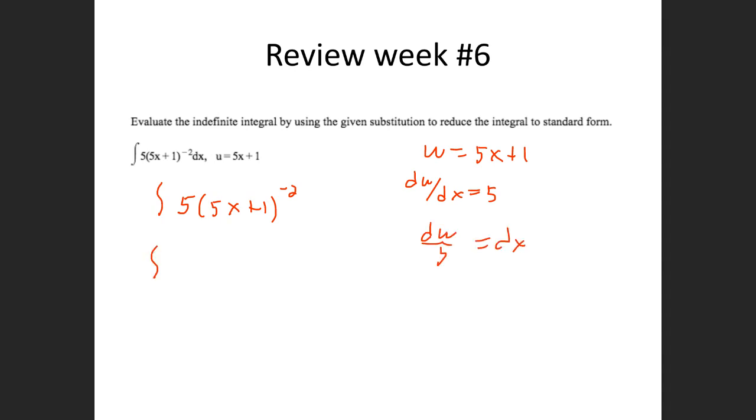So I'm going to substitute, so that gives me 5 u to the negative second, and then I'm going to put that 5 in there, so that's du over 5. Well, those 5's just cross off, which is nice. So if I take the integral of this, we add 1, so that's u to the negative 1. And then I just plug it back in, so that's 1 over u, which is 1 over 5x plus 1.